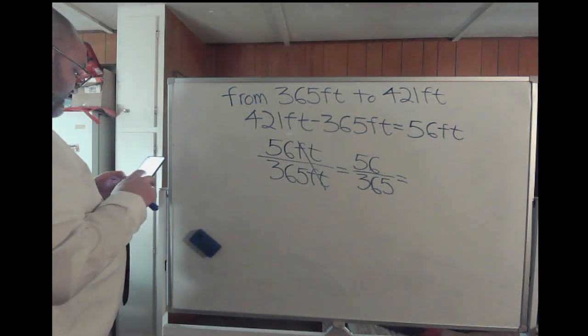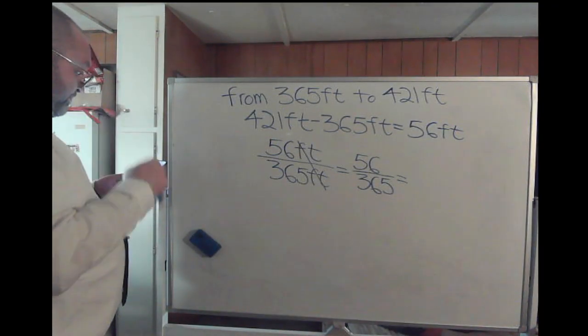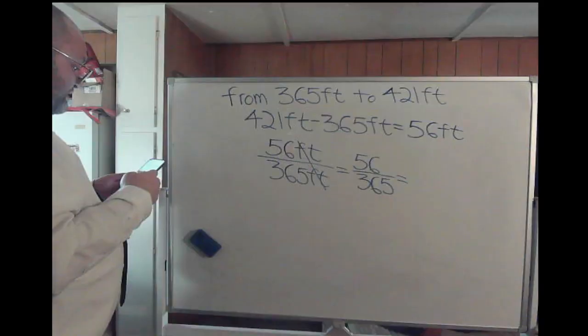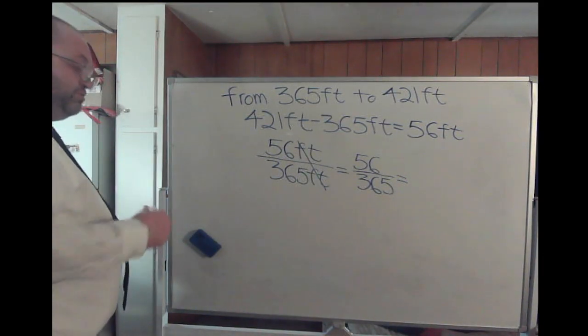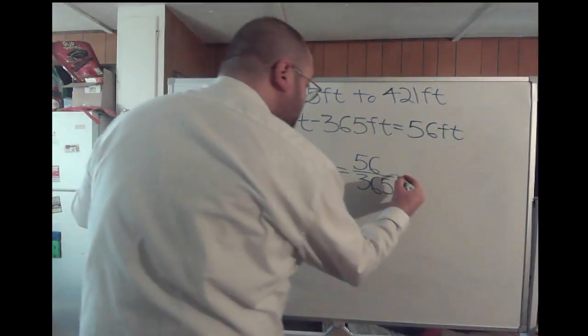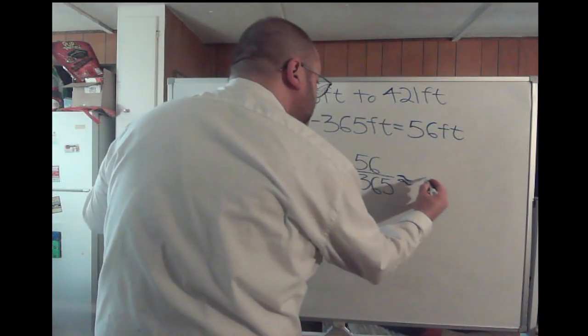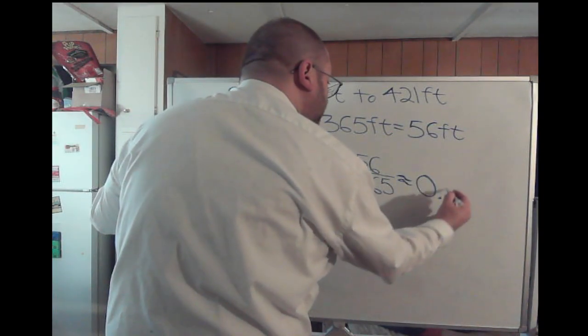All right, 56 divided by 365. Let's round that to 2 decimal places. It's approximately equal to 0.15.